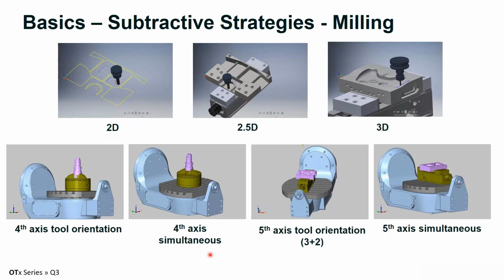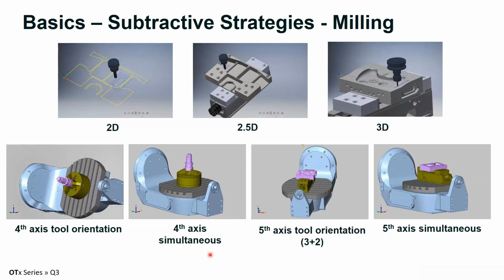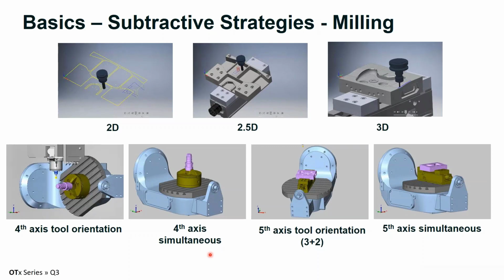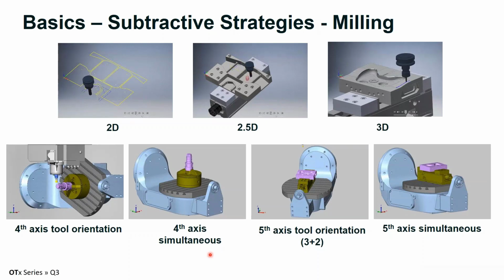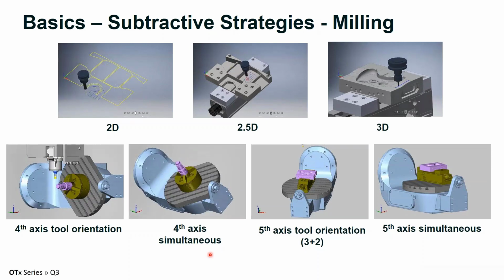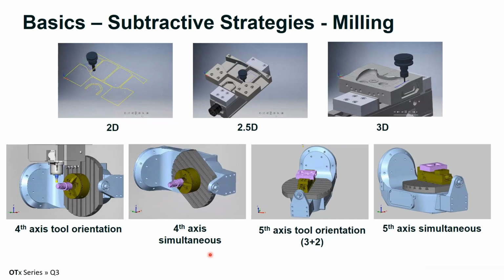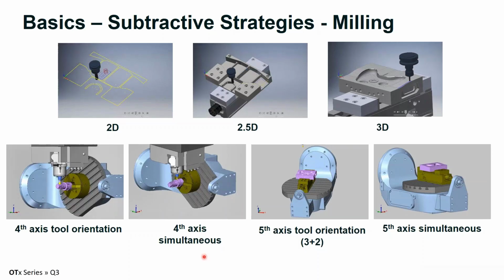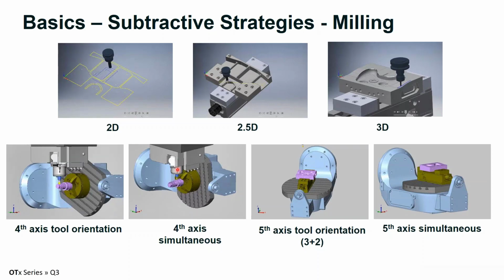So that is the most common machining, I would say. 4-axis tool orientation machining is if we have a 4-axis or a 5-axis milling machine or a turn mill machine, where the rotational axis could be positioned at an angle and then we machine with 3 axes. 4 axes simultaneously will be with the 4th axis rotating during the 3-axis machining. So the 4 axes move at the same time.